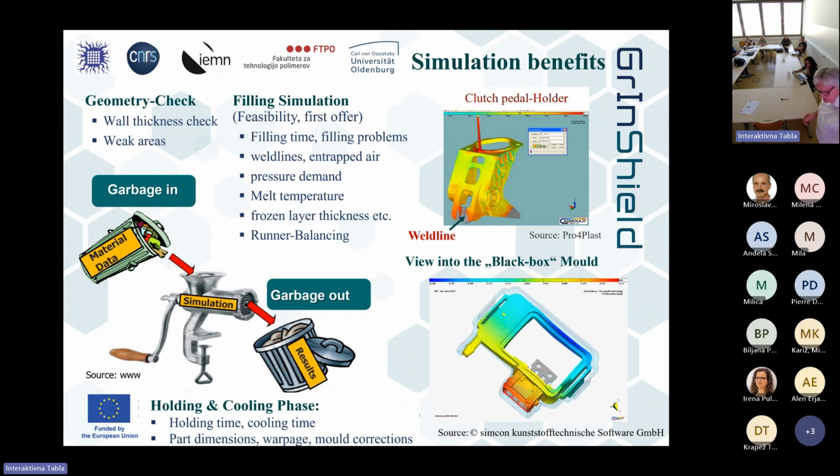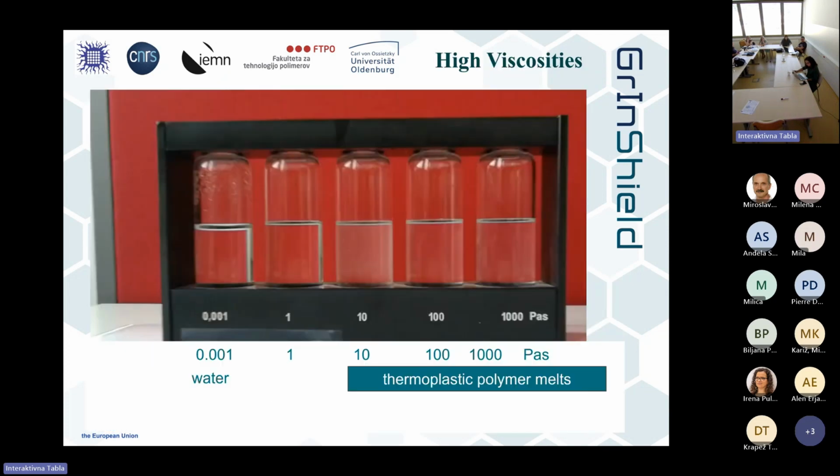So therefore, it's important to make a simulation until the final virtual part, so that you can see if this geometry fulfills the specification. The gray one is the mold cavity, and the colored one is the part, but in the computer, in the virtual phase.